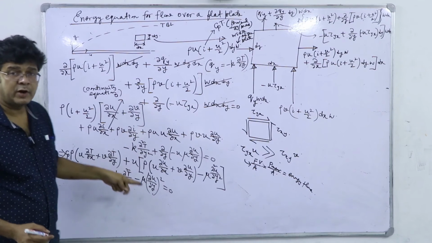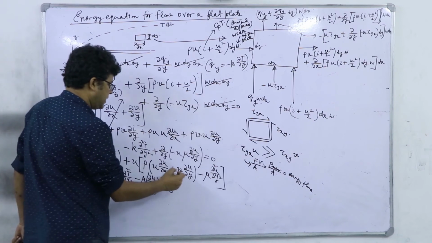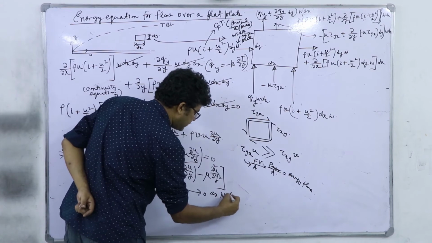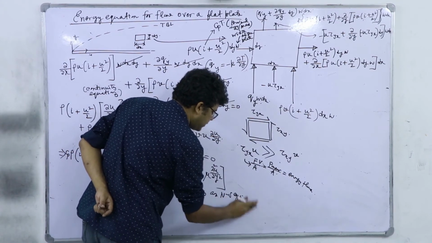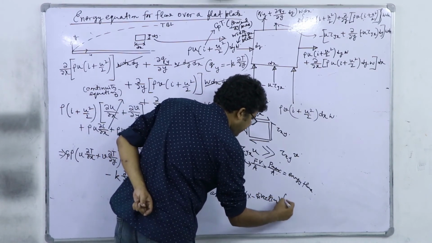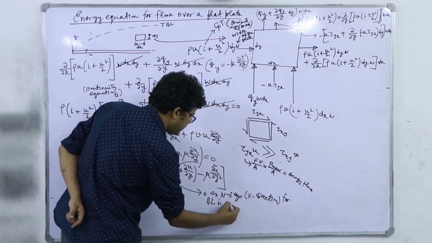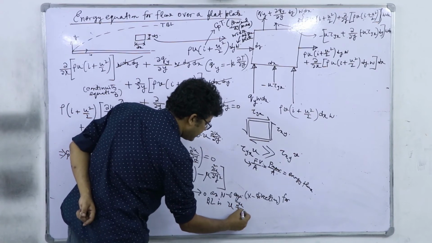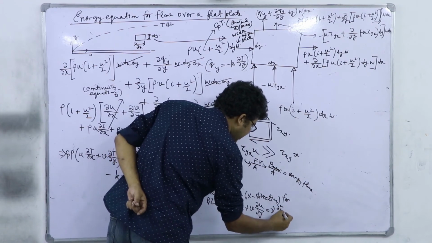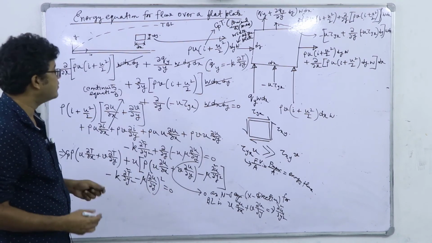What is very important to note is that the boundary layer Navier-Stokes equation for the x direction is nothing but this, and the entire term will be equal to 0. The Navier-Stokes equation in the x direction for the boundary layer is u del u del x plus v del u del y is equal to nu del square u del y square. So from there this entire third bracket term becomes 0.